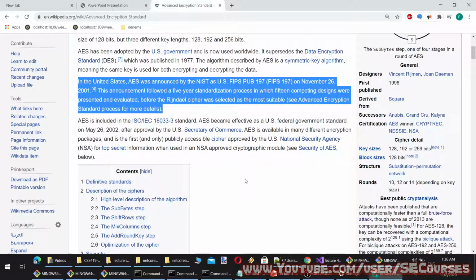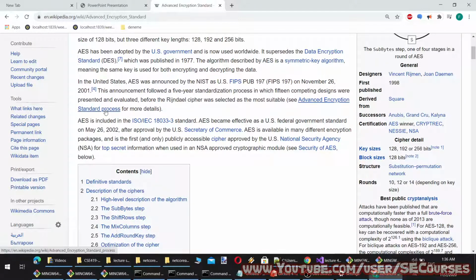In the United States, AES was announced by the NIST as US FIPS Pub 197, FIPS 197 on November 26, 2001. This announcement followed a 5-year standardization process in which 15 competing designs were presented and evaluated, before the Rijndael cipher was selected as the most suitable. See Advanced Encryption Standard process for more details.